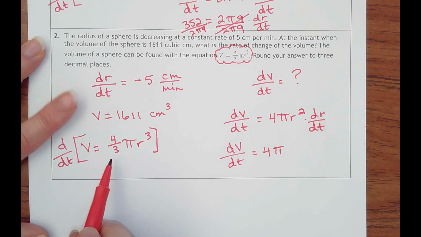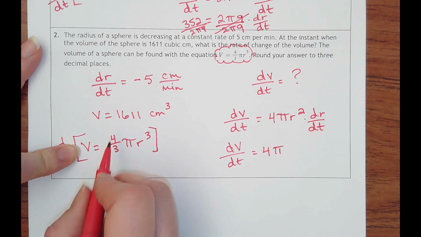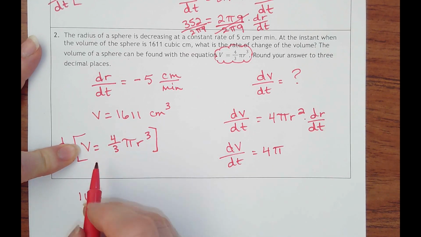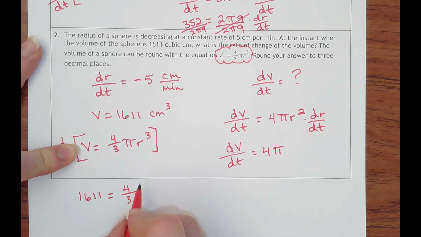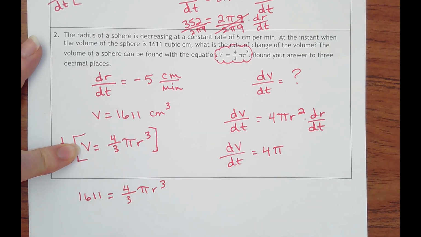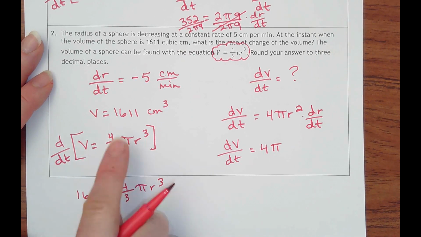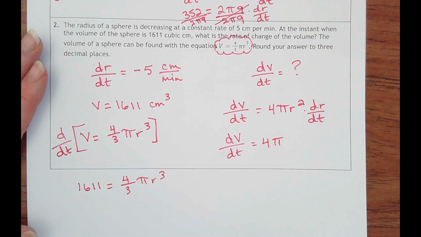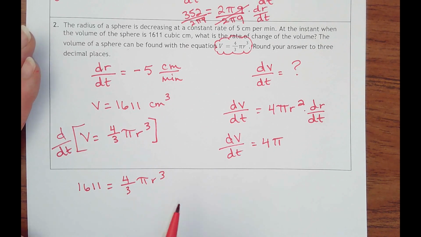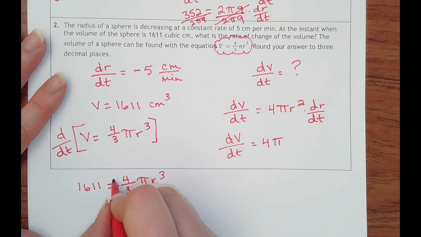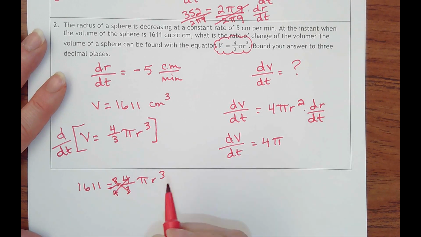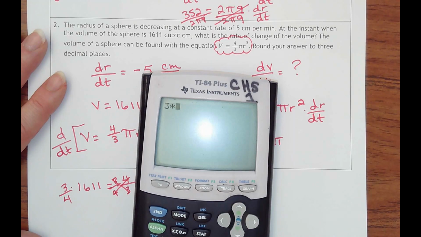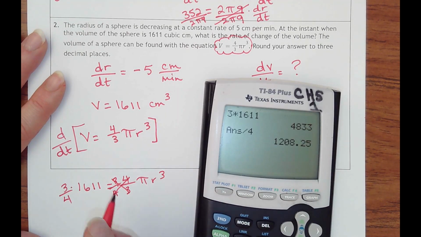So I'm going to have to use this formula because they told me the volume at the instant they want is specifically 1,611 cubic centimeters equals 4/3 times pi times r cubed. I can actually use this to solve for what the radius is when the volume is at that instant. Okay, so I guess times 3/4 first to get rid of this, which should be 3 times 1611 divided by 4 gives me that.